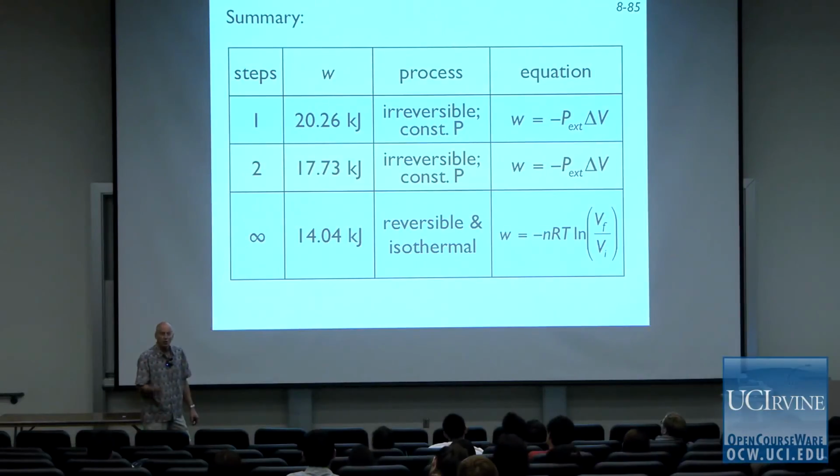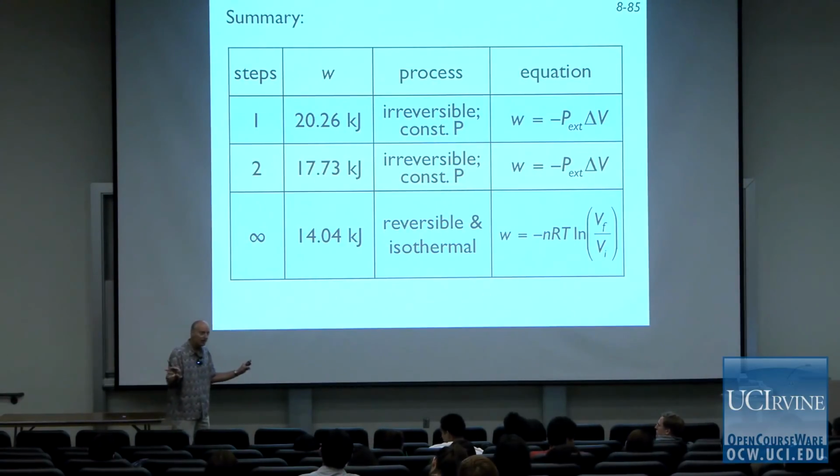You with me? There's no way to do it in smaller steps than that, and smaller steps wins in terms of minimizing work. Less work with more steps. Counterintuitive? Absolutely. Completely backwards from our normal way of thinking.